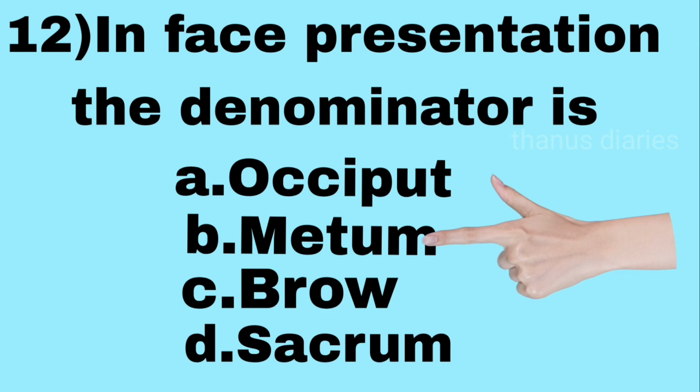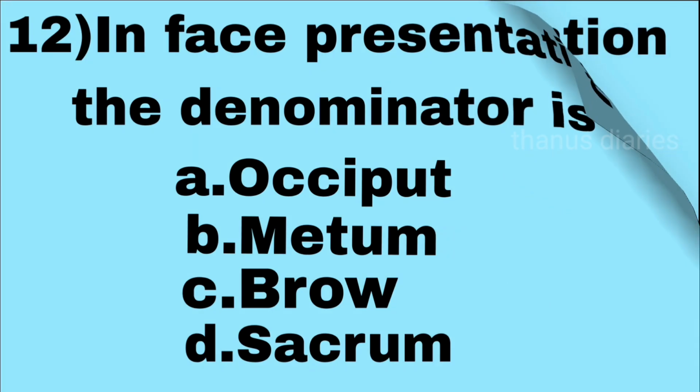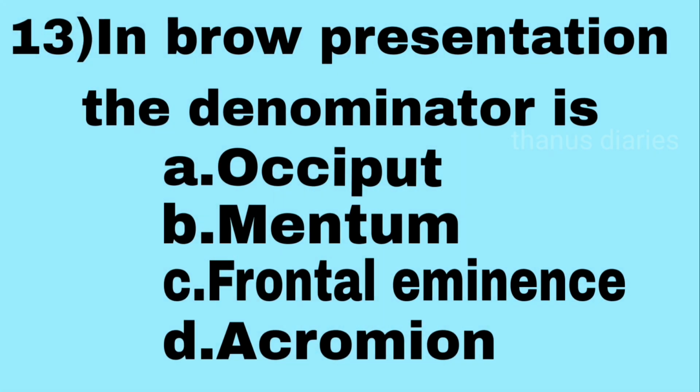The answer is mentum. In face presentation, the denominator is mentum. Next question, in brow presentation, the denominator is: occiput, mentum, frontal eminence, and acromion. The answer is frontal eminence.